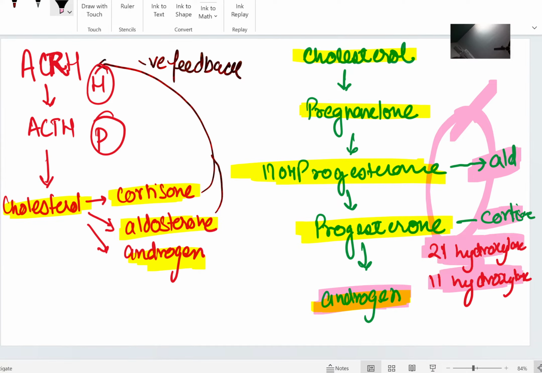So, if these enzymes get deficient, there will not be production of aldosterone and cortisol. If there is deficiency of 21-hydroxylase enzyme, then there will be no production of cortisol and aldosterone.